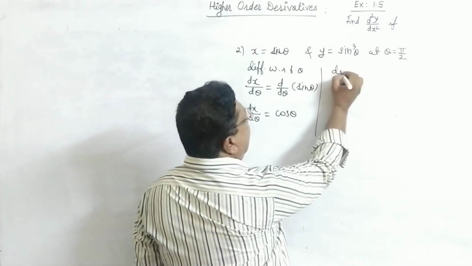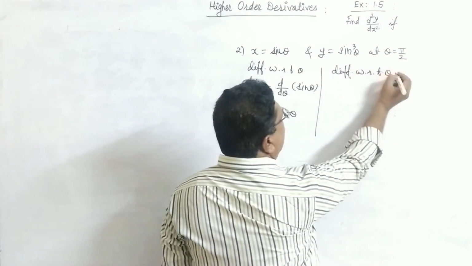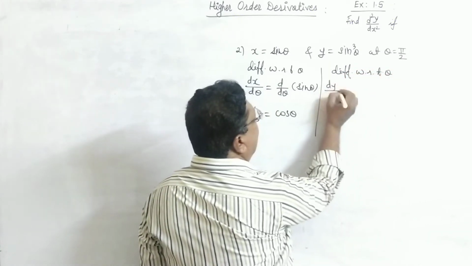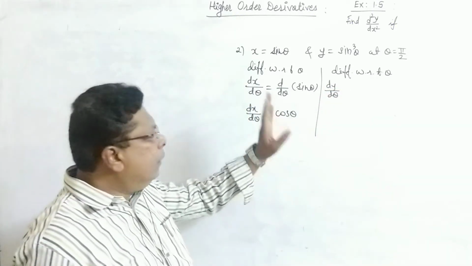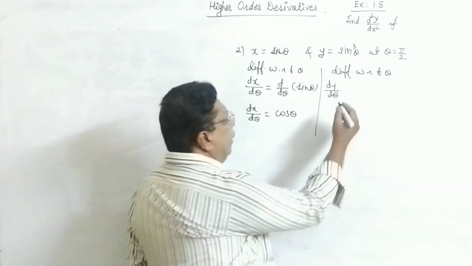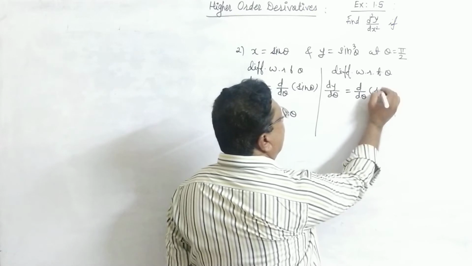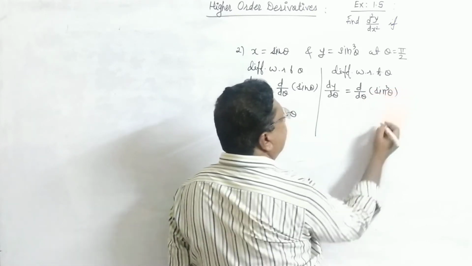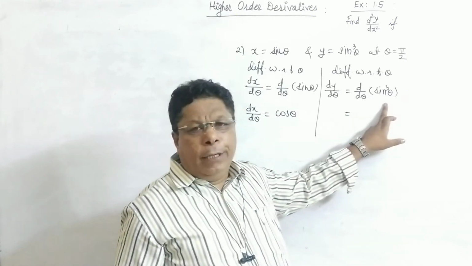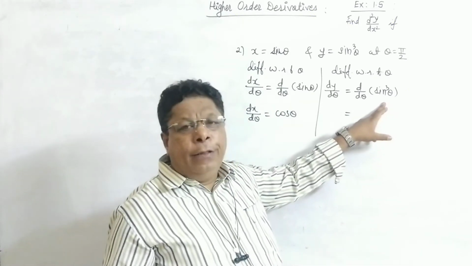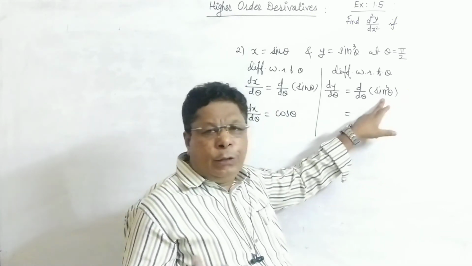Similarly, differentiate the second function also with respect to theta. dy by d theta is d by d theta of sin cube theta. Here use the formula: sin cube theta means sin theta the whole cube. So first use the formula for f(x) raised to n.